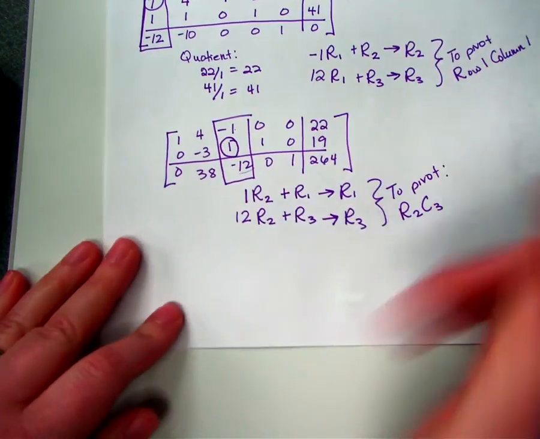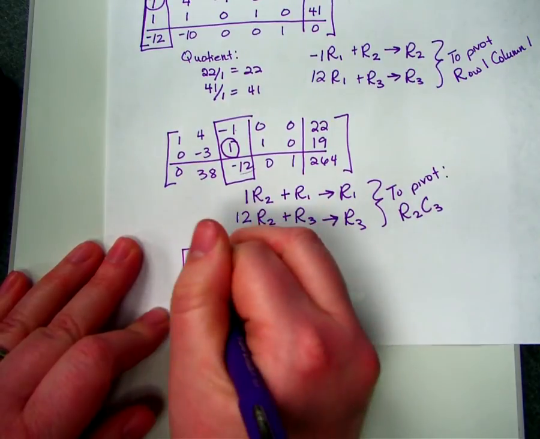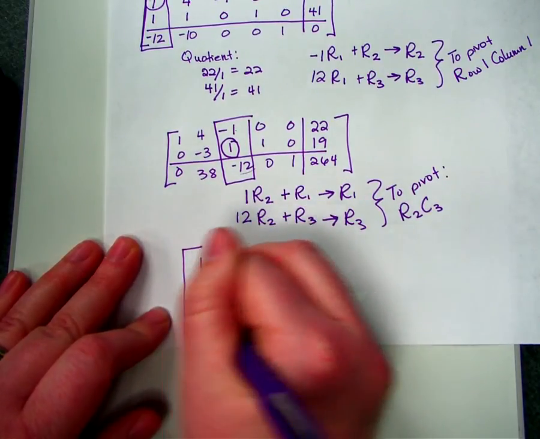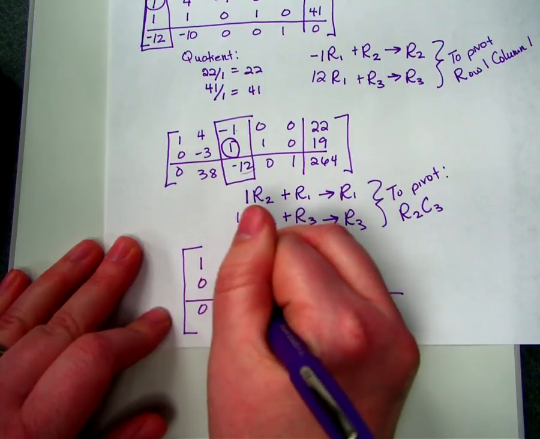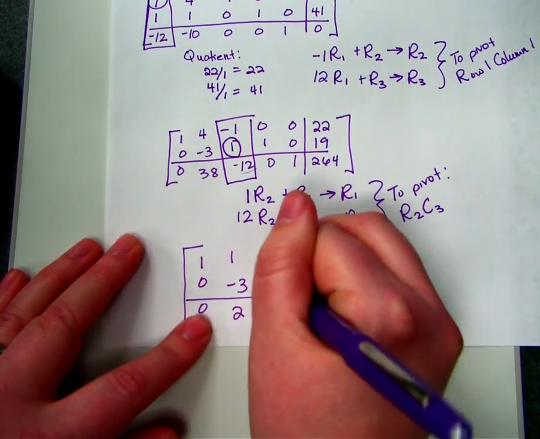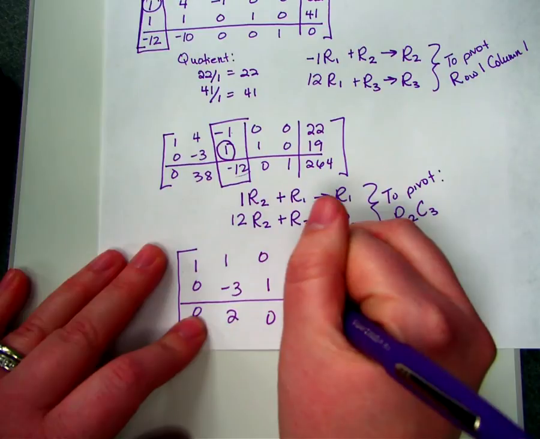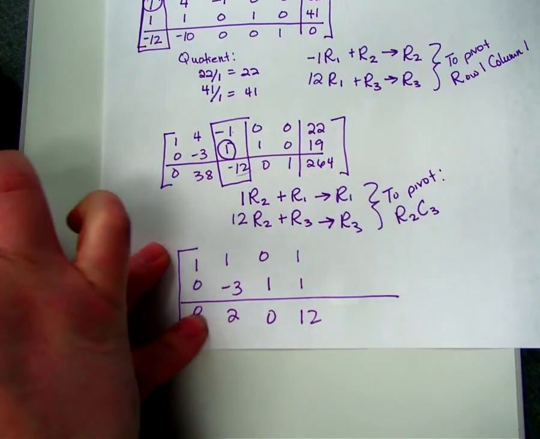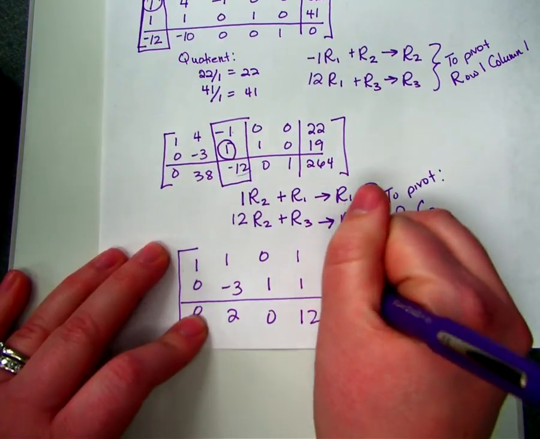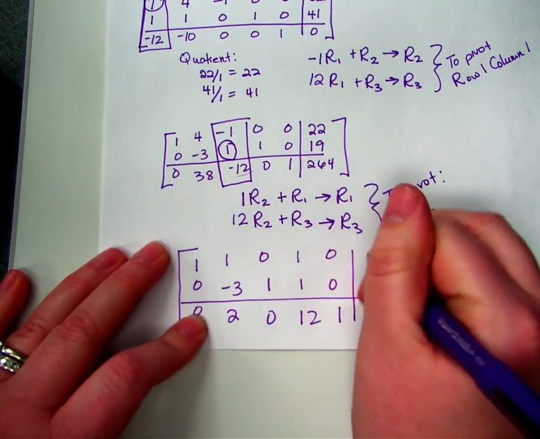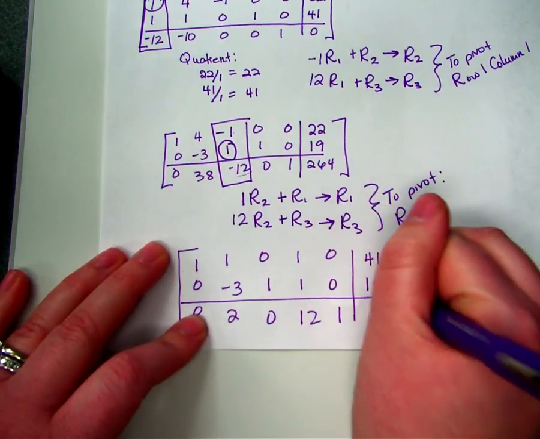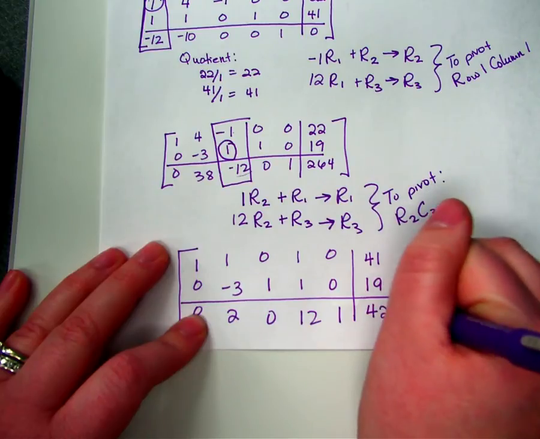So our new matrix looks like 1, 0, 0, 1, -3, 2, 0, 1, 0, 1, 1, 12, 0, 0, 1, and 41, 19, and 4, 92.